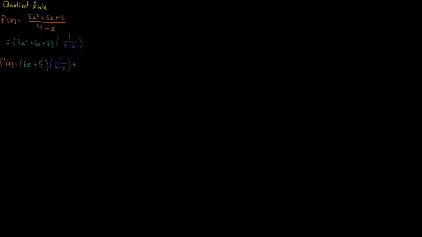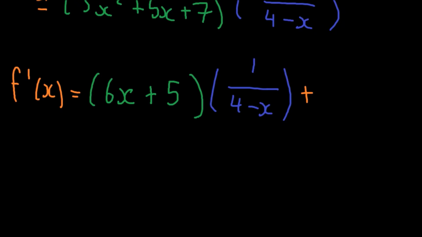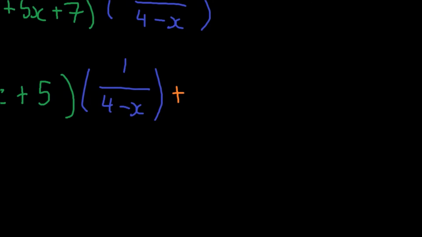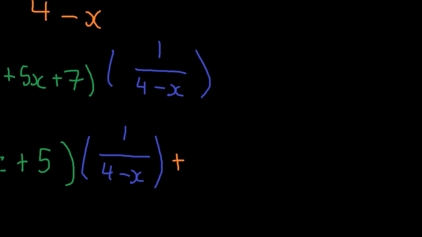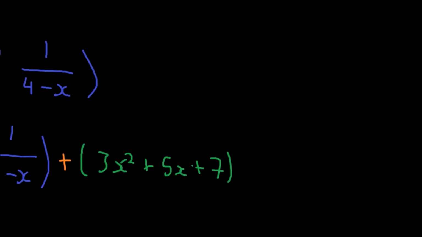Let's give ourselves some more canvas here to draw. Just going to copy down the green function, 3x squared plus 5x plus 7. And now the derivative of that inside function.